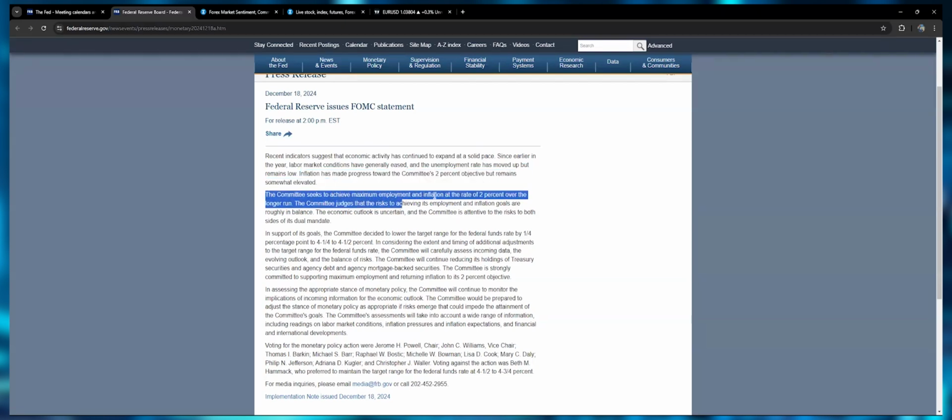The committee seeks to achieve maximum employment and inflation at the rate of 2% over the longer run, and the committee judges that the risks to achieving its employment and inflation goals are roughly in balance. The economic outlook is uncertain, and the committee is attentive to the risks on both sides of its dual mandate. In support of these goals, the committee decided to lower the target range for the federal funds rate by 1/4 percentage point to 4-1/4 to 4-1/2. Okay, so basically 4.25 to 4.5.